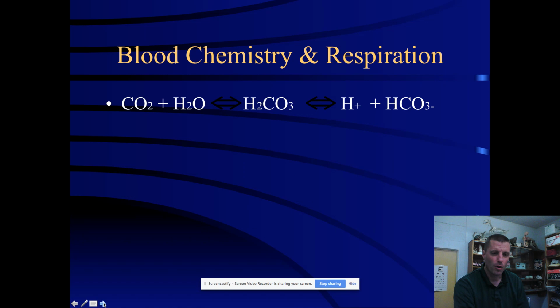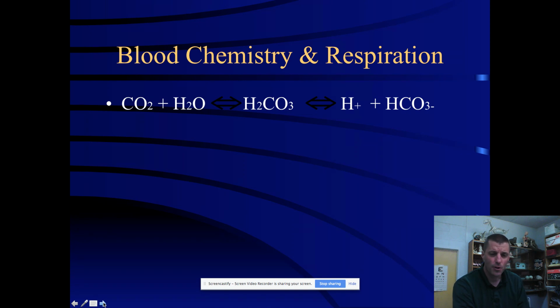Okay, so carbon dioxide combines with water to make, see if I can find you that equation. I don't know if I can find that exact equation. But at any rate, it ends up creating hydrogen and bicarbonate ion.